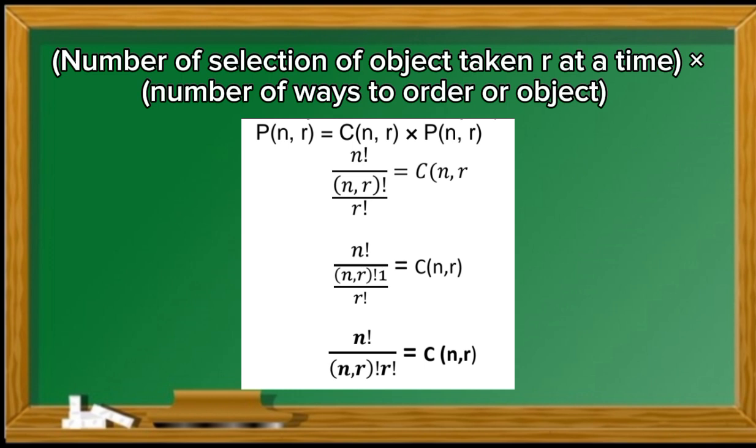After that, we are going to simplify, the P over P is equal to 1. It becomes N factorial over N minus R factorial times 1 over R factorial equals C(N,R). The formula of combination taken R at a time is C(N,R) equals N factorial over N minus R factorial times R factorial.